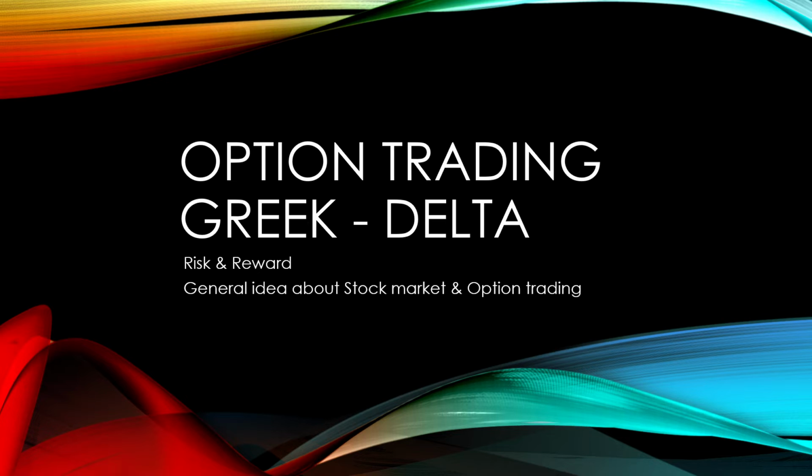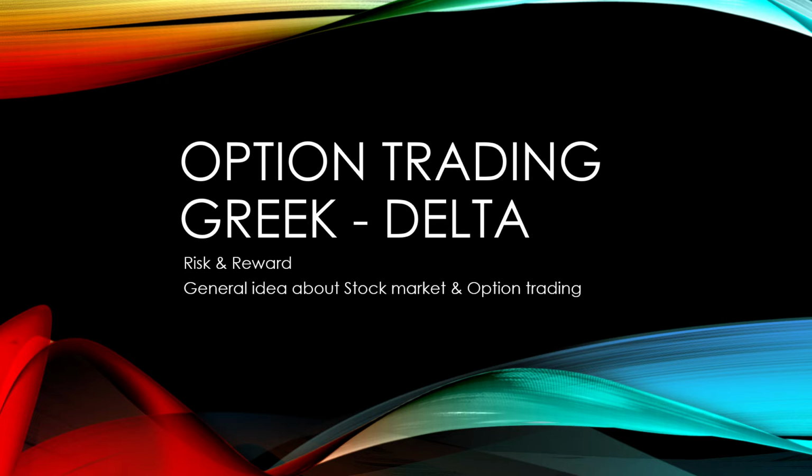So we have to analyze what other factors affect the premium price. One of the very important factors affecting the premium price is the option Greeks. What are the Greeks, and how are they going to affect the premium's performance?